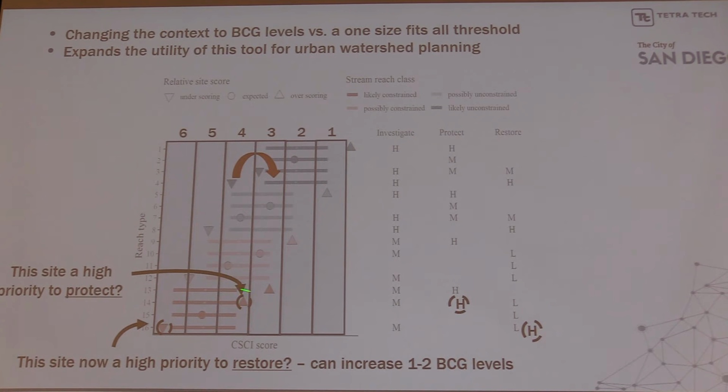But take this one, for example, right here, where it's almost at the threshold, okay? And it's actually a little better than its peers. That one may be a good candidate for protection because you don't want it to slip back down anymore. And it might even get to the threshold or higher. So that's the kind of thing we're at least thinking about. And I'm actually going to show you the site later where that comes into play.